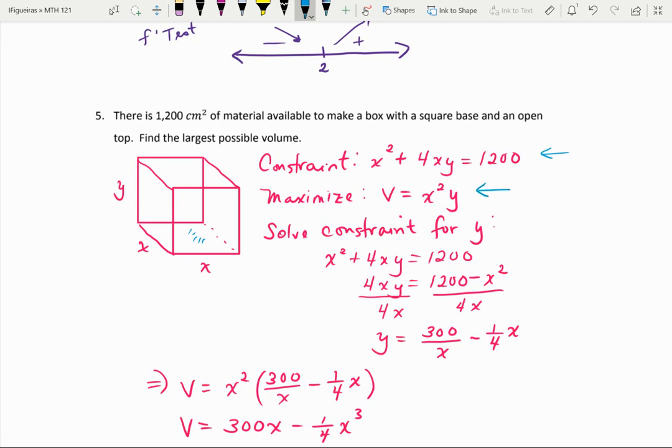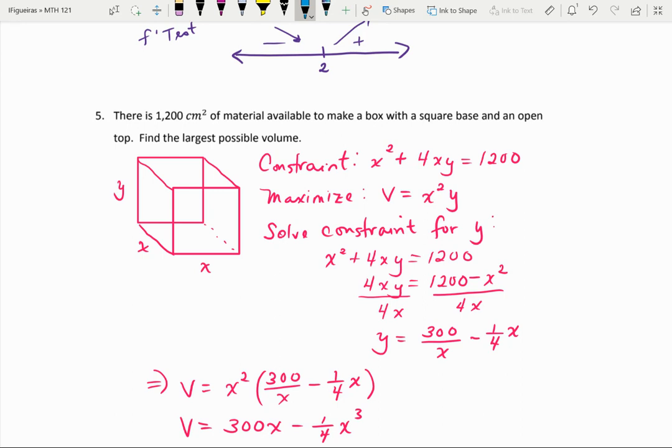Remember, volume is length times width times height, but our base is the same dimension, so it's just x times x times y, which is x squared y. So again, I need to eliminate one of the variables, so I'm going to solve for y in my constraint formula and then plug it in.